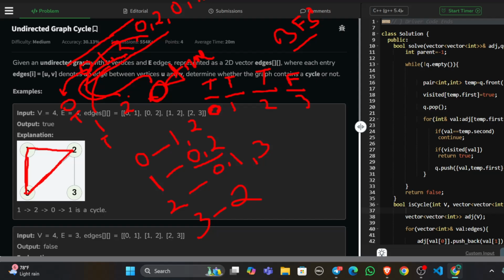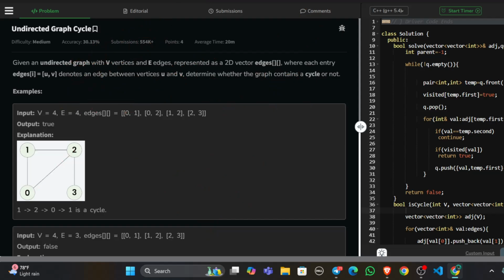Now, let's discuss one new thing. Okay, so I am clear about this. I'm going to a new graph.